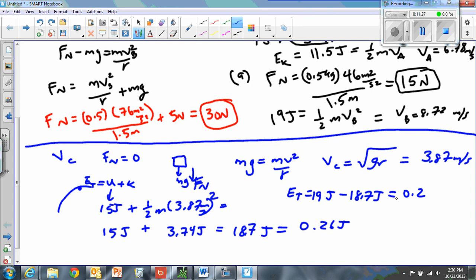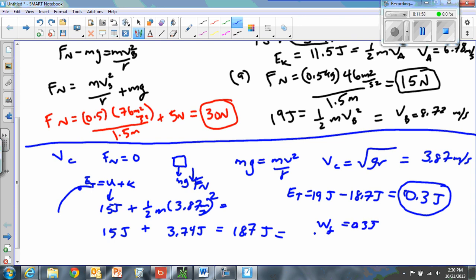So when I subtract from 19, I get 0.3 joules. All right, well, guess how much energy friction has to take away to get it down to 18.7 instead of 19. It has to take away that much. So the work of friction has to equal 0.3 joules.